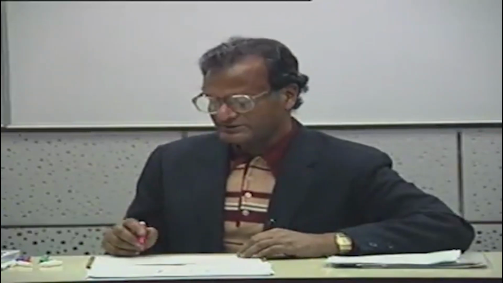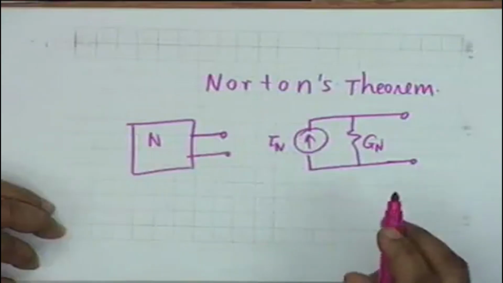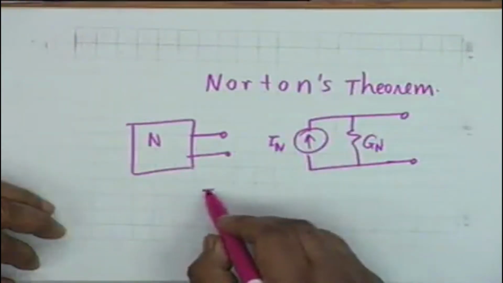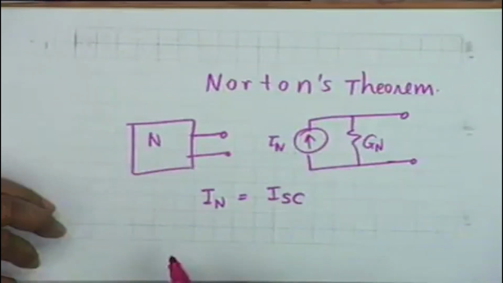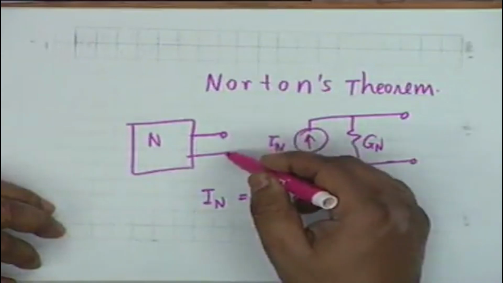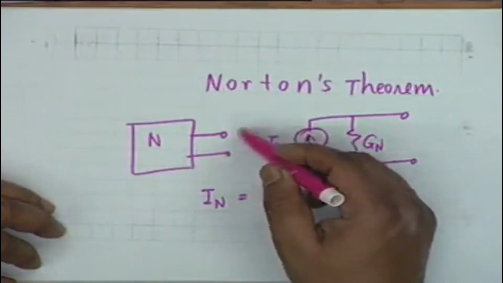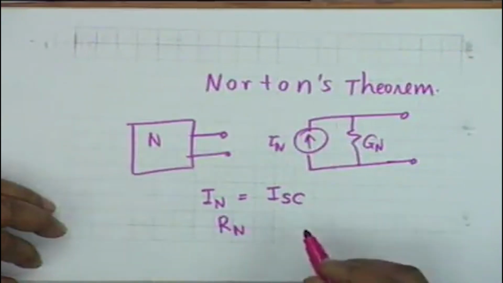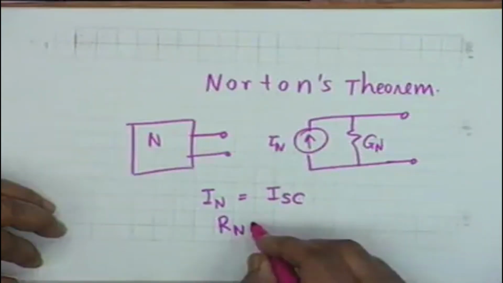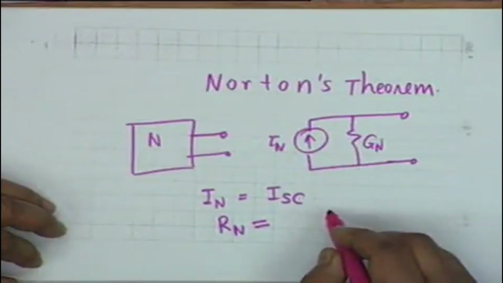All right, and the interpretations of IN and GN, you can very easily see that IN is nothing but ISC. That is, if you short circuit these two terminals, the current that flows through the short circuit is ISC, and you can also see that RN is nothing but what?